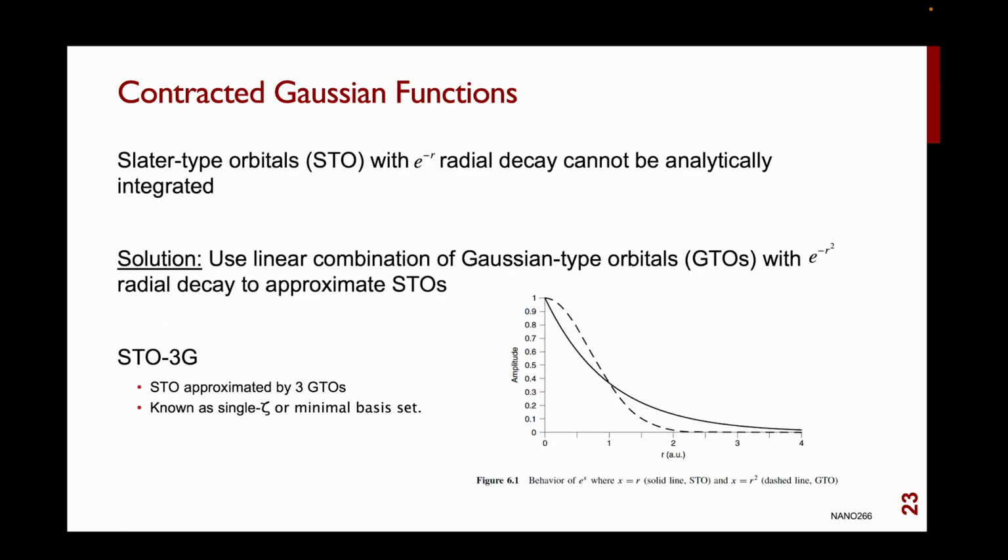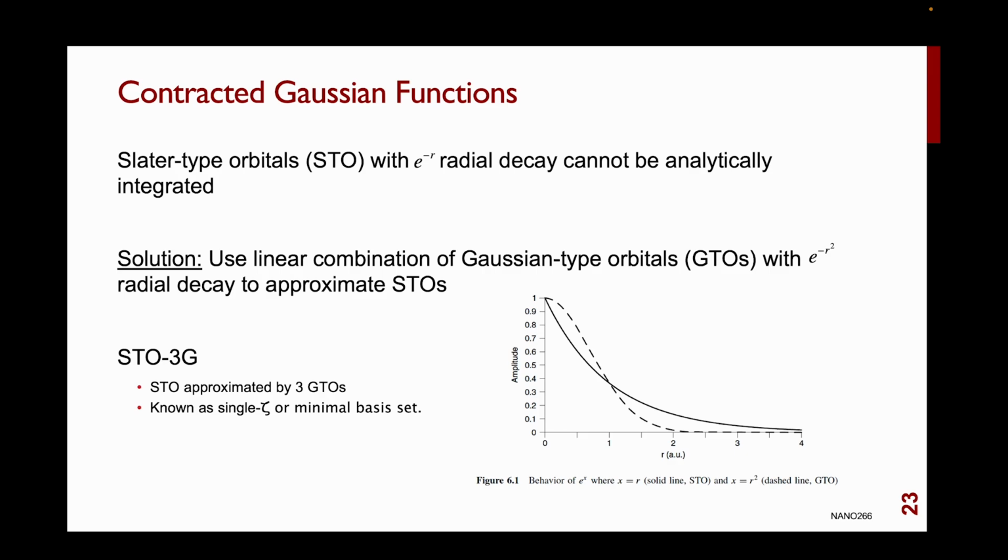All right. So one of the most common basis sets that people use are the Gaussian functions. Okay. So we use contracted Gaussian functions. Slater type orbitals are basically functions with an e to the power negative r radial decay.